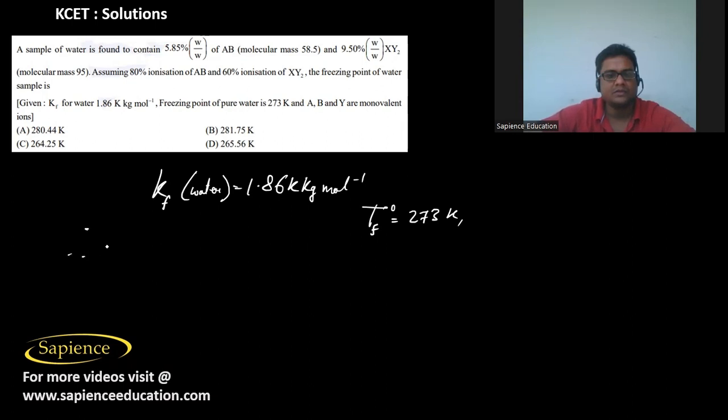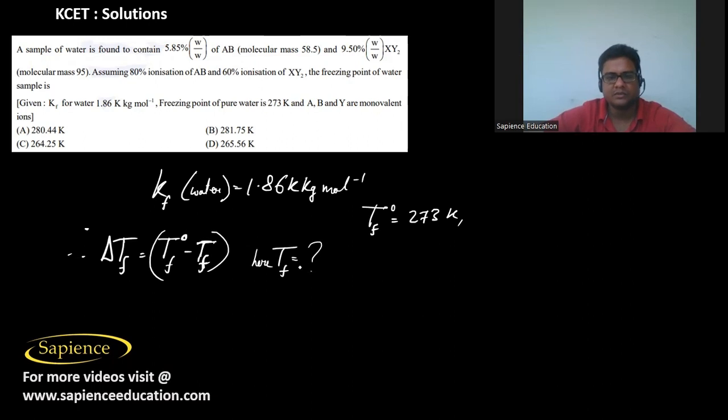So therefore, we know that the depression in the freezing point equals Tf naught minus Tf. It means the freezing point of the pure solvent minus the freezing point of the solution. So here we have to find the Tf, means the freezing point of the water sample.